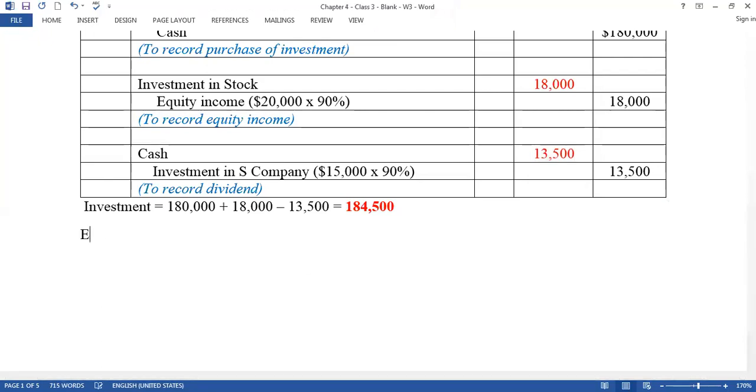So look at here, equity income and dividend. These two accounts are the intercompany account.